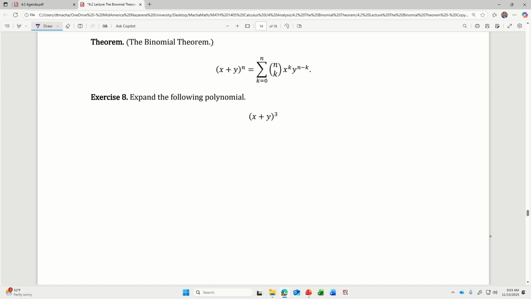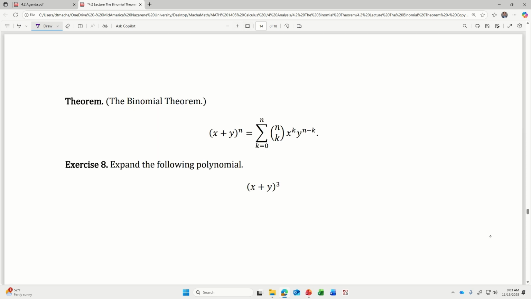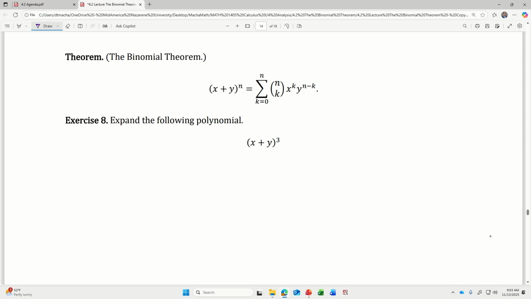And this formula is saying we've got x plus y in parentheses raised to the power n, and notice there's some stuff going on. I've got the big sigma notation, so it tells me I'm going to be adding up a lot of terms. All of the terms are going to look like n choose k, my binomial coefficient, times x to the k times y to the power n minus k.